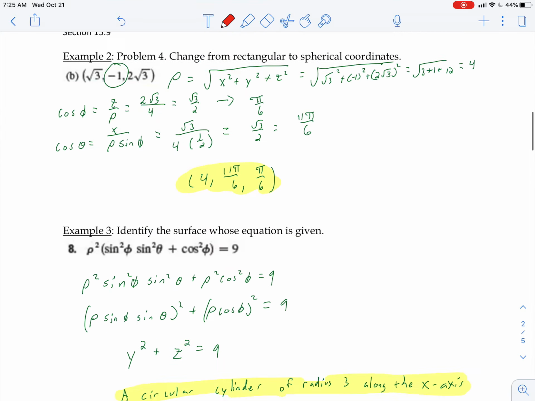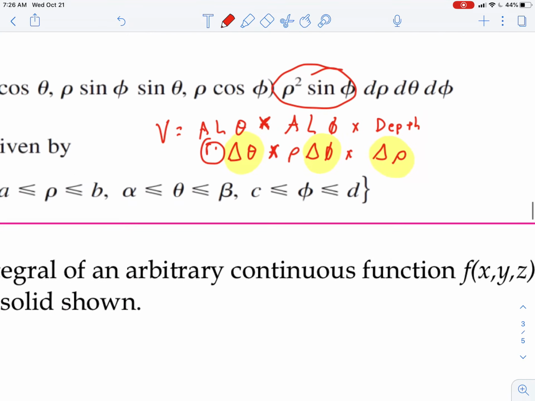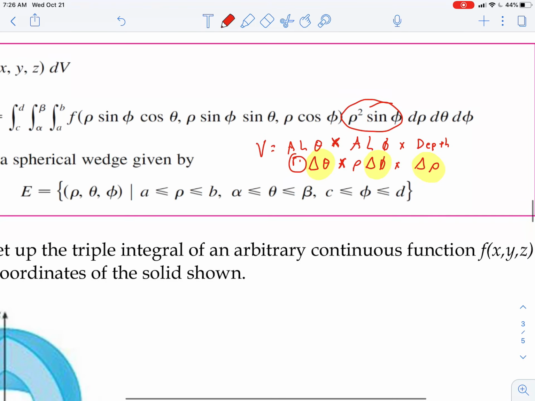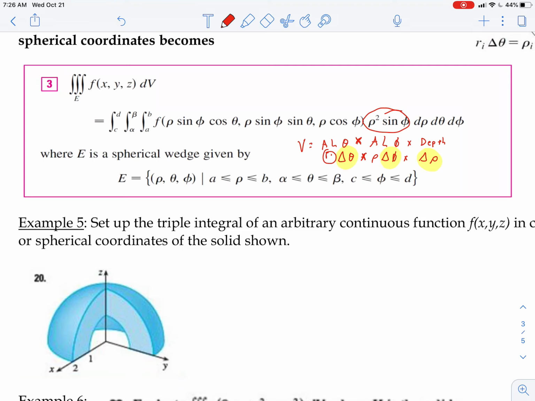So rho is rho, but r, if you recall, is just rho sine phi. So that's why we have rho squared sine phi. It's because we have to account for that arc length for both of those circles or cones, whatever we're dealing with. And that's why we have rho squared sine phi. Again, you'll learn more about the Jacobian next class, and then you'll see another reason why we have that.